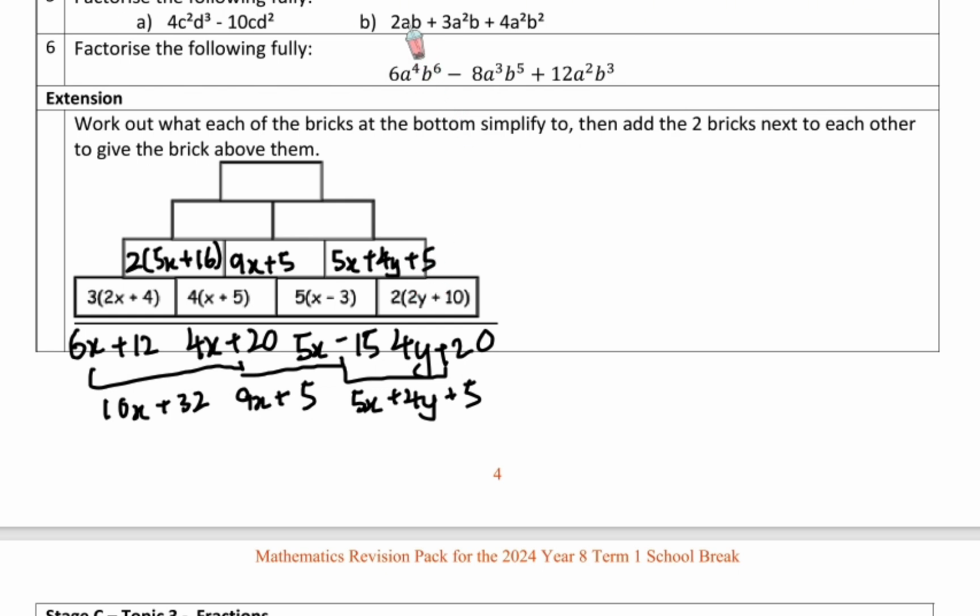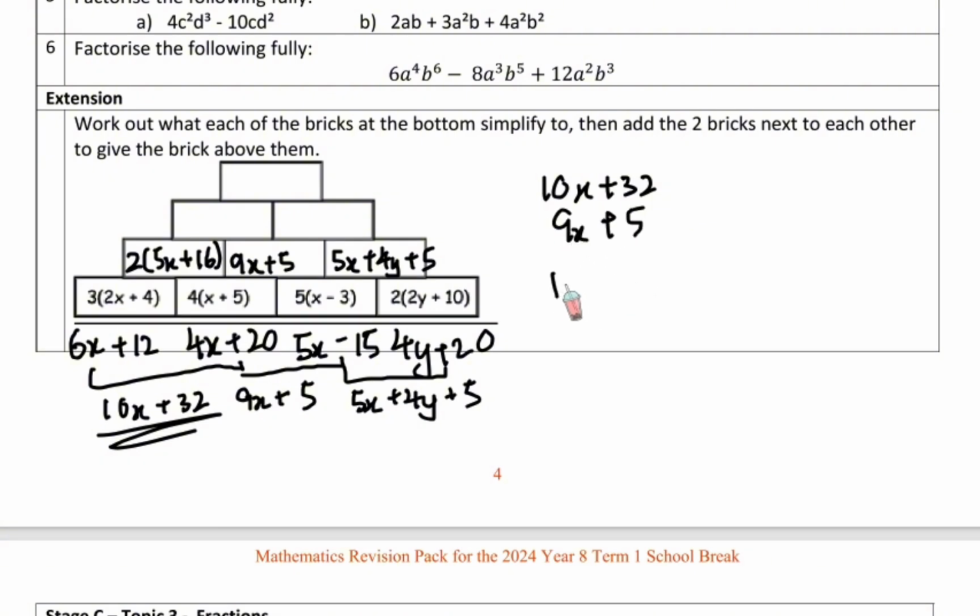And now we can do the same steps to get the brick above them. So we will take 10x, the one from here, and plus 32, and add with 9x plus 5.